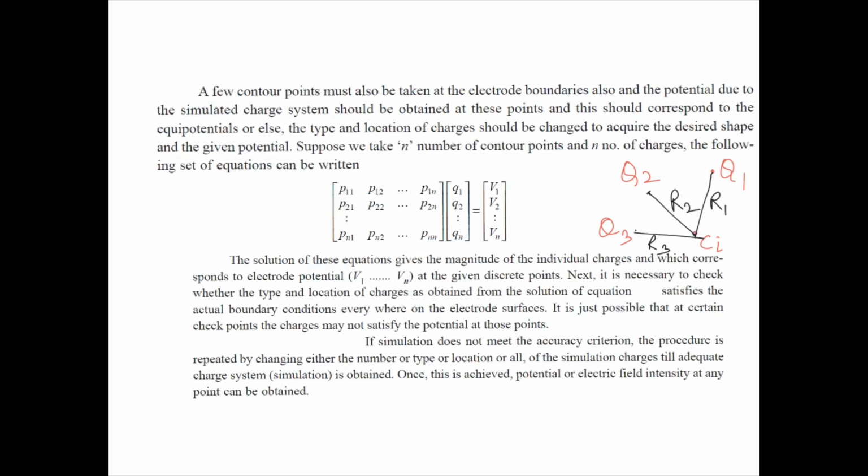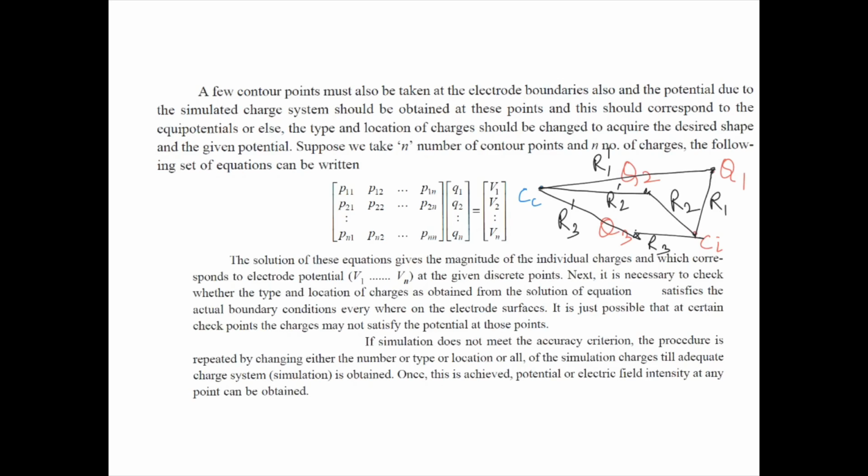And in order to confirm that the values of these fictitious charges calculated in the first step are correct, we have to consider checkpoints which are different from the contour points. Say, for example, we have a checkpoint here, CC, and we connect this checkpoint with these simulation charges by a straight line, and then we mark the distances, say R1 dash, R2 dash and R3 dash.